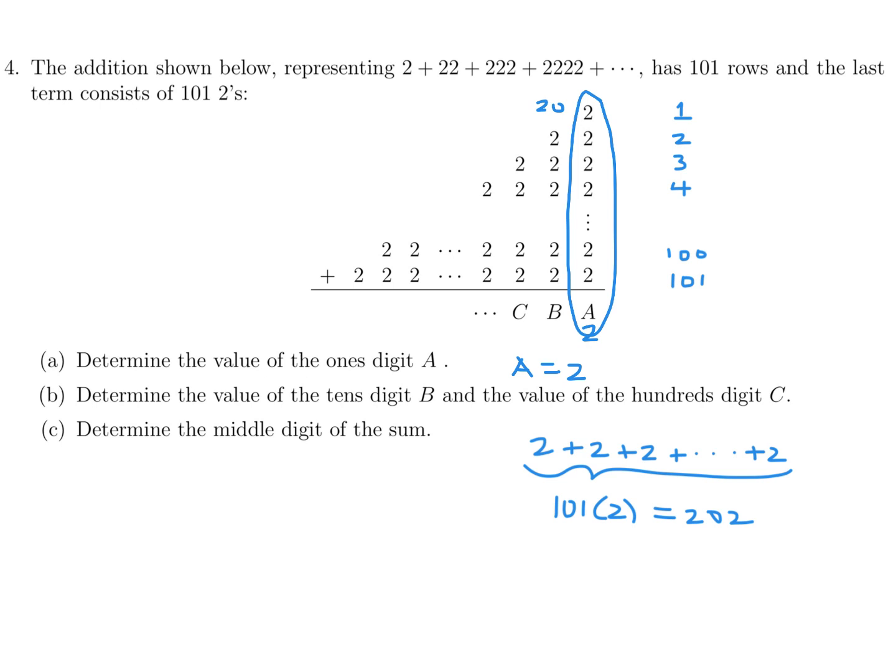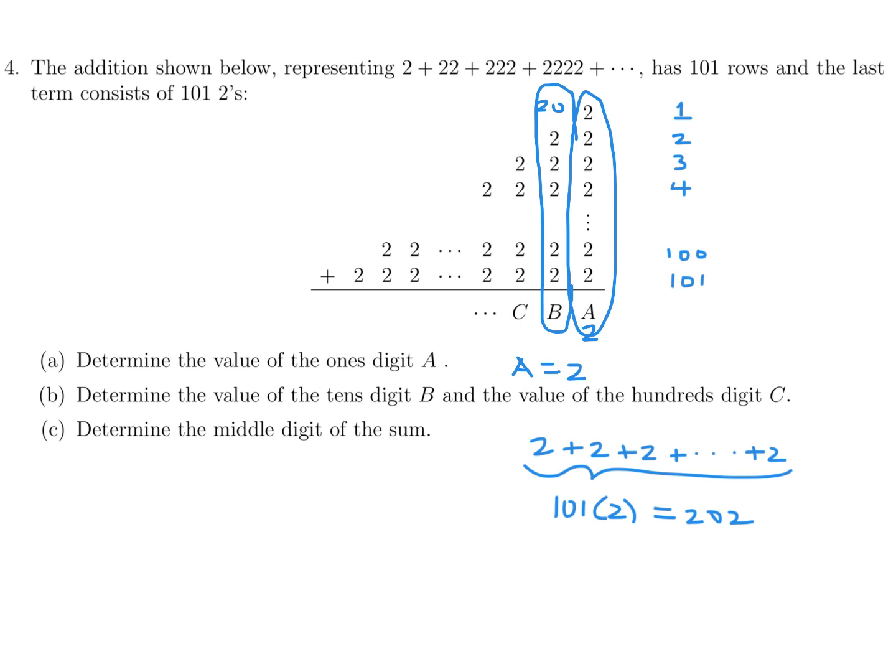Okay, determine the value of the tens digit B and the value of the hundredths digit C. Okay. So when we do these guys, this is going to be pretty much the same thing, but we got to make sure we include that carry. So now this column would be the same thing. A whole bunch of 2's, and then that 20.